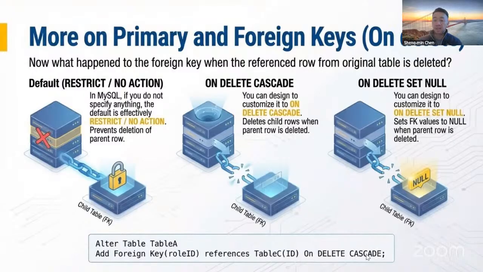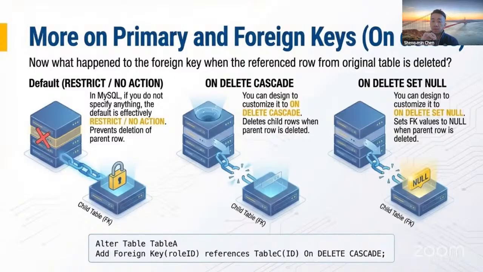If you put cascade, that means that if the primary key has been deleted, then you want to customize the foreign table, the child table, to delete all the rows that have that foreign key. That is called on delete cascade. So basically it follows what your primary key is doing. That's why it's called cascade.